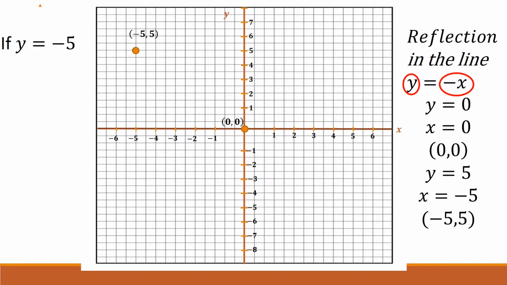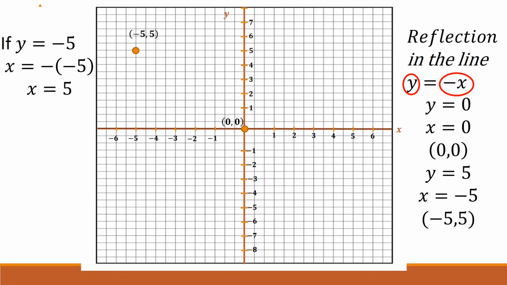Now, what if I pick the y value to be negative 5? What do you think will be the corresponding x value? Remember, the x value, we just have to negate the y value and we get the x. So when we negate the y value, it produces x equals negative multiplying the negative 5. Already the y value was a negative value, and we are going to multiply it by another negative value, which will produce a positive value.